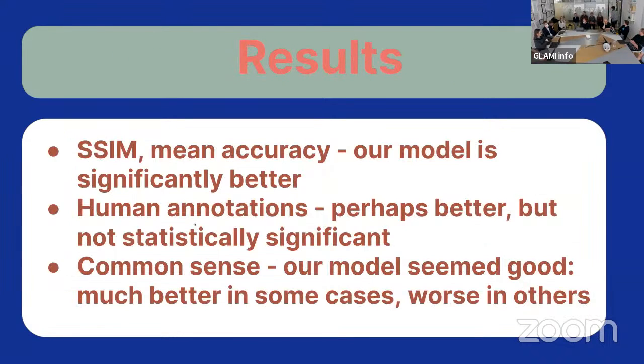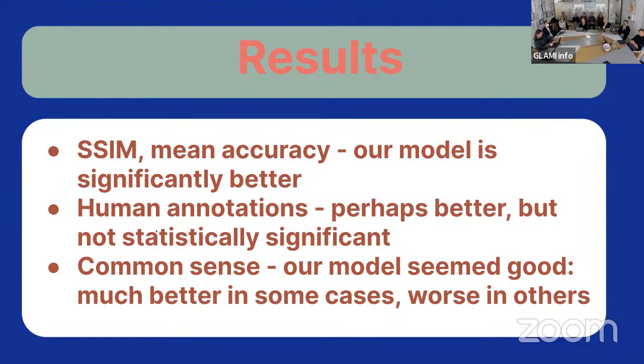To show you our results, as I said, we have 3 types of metrics: the normal, call it statistical ones. In these, our model worked actually well. Then we asked humans to evaluate it, and there we arrived at the limitations of a small test set.